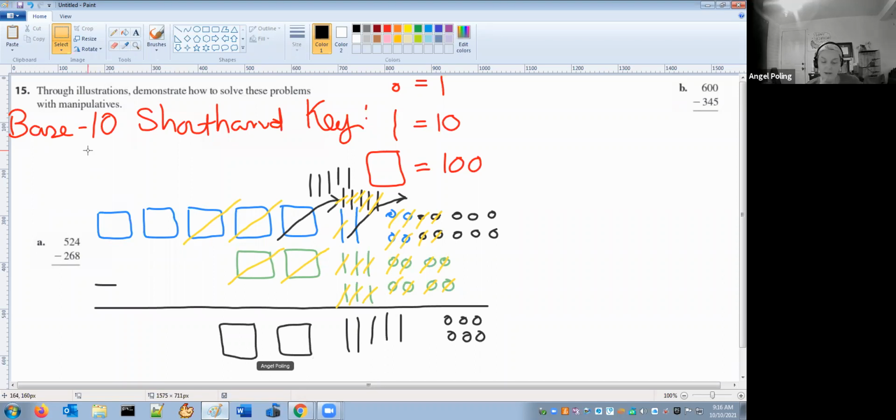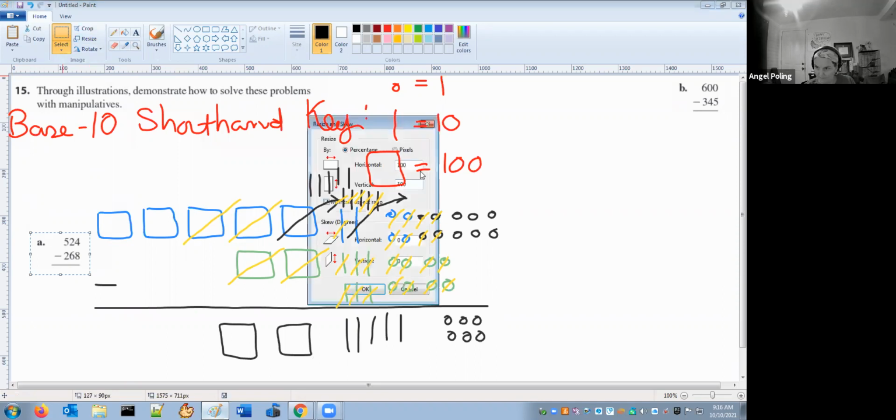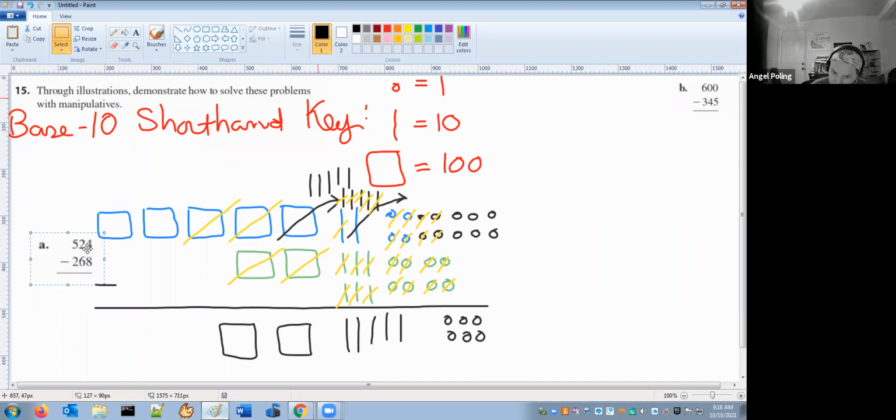Now, if we do the standard algorithm, we can see that we're going to follow the same steps, right? Let me try to resize this a little. So we have our 524 next to the blues, our 268 next to the greens.